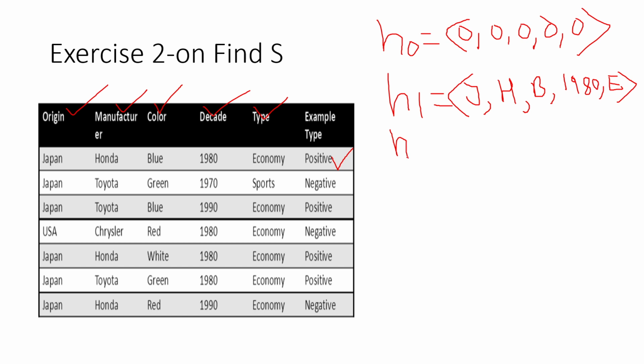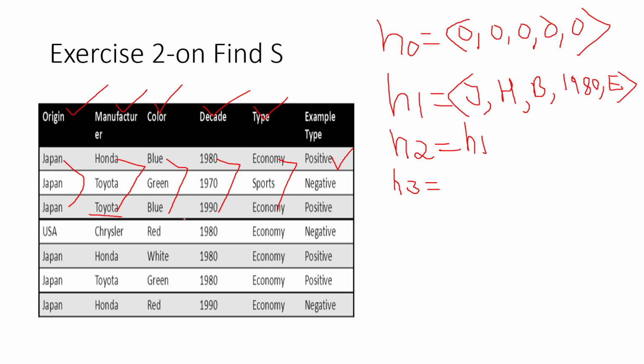H2 remains the same because the second is a negative example. H2 equal to H1. Third is a positive example. You have to see the changes. So Japan same, Honda changes to Toyota, blue same, 1980 to 1990, and economy same.